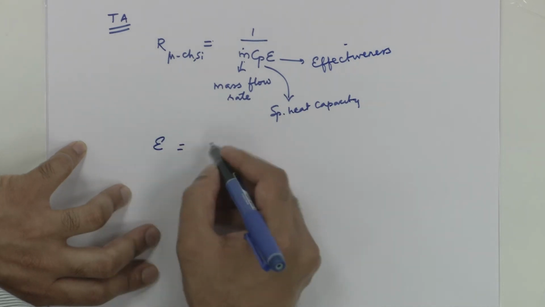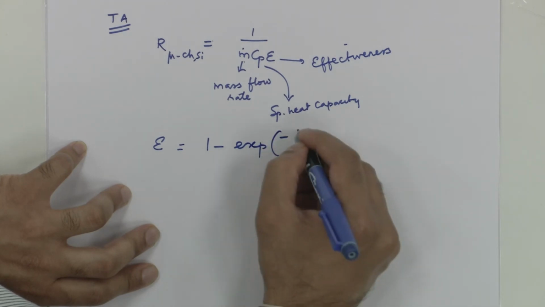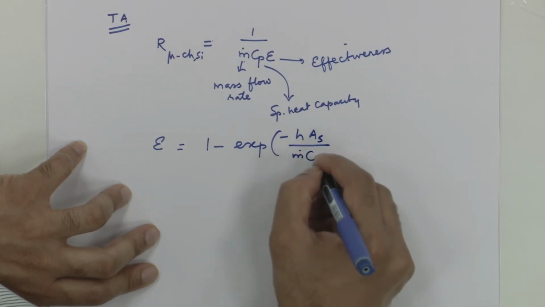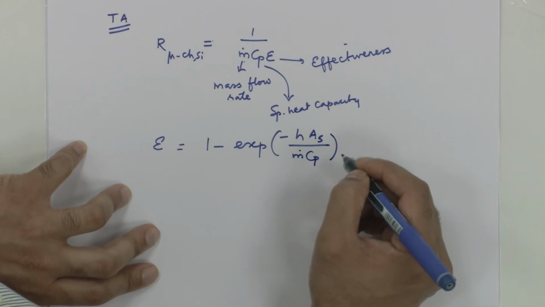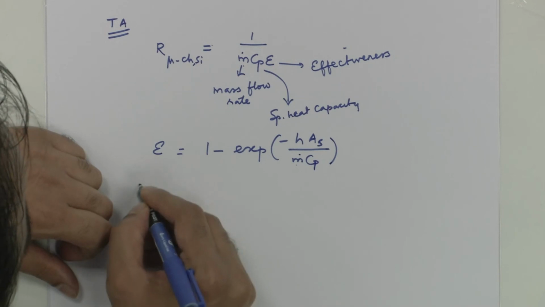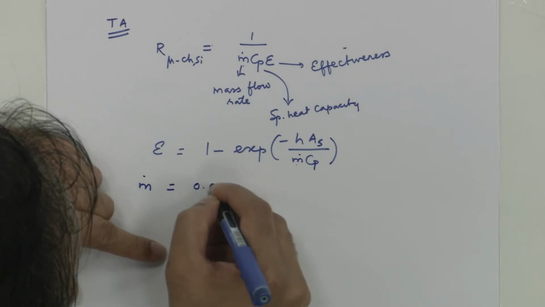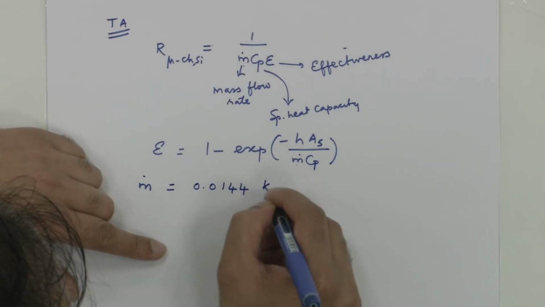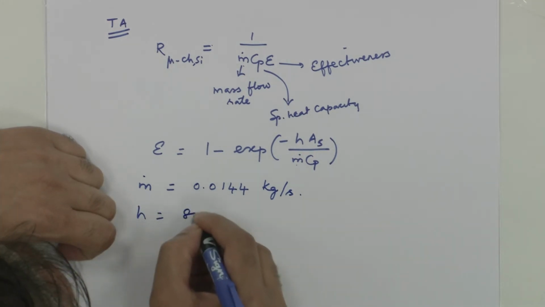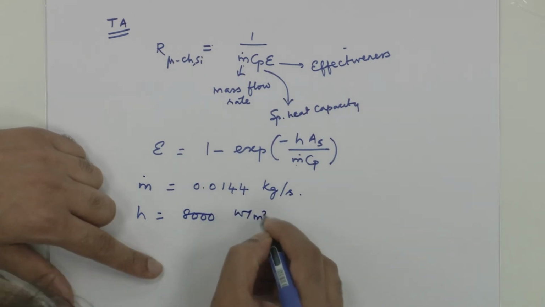Effectiveness, since this is a single stream heat exchanger, is nothing but h A, surface area, divided by m dot Cp. The mass flow rate is already specified in the problem. The heat transfer coefficient is also specified, about 8000 watt per meter square Kelvin.